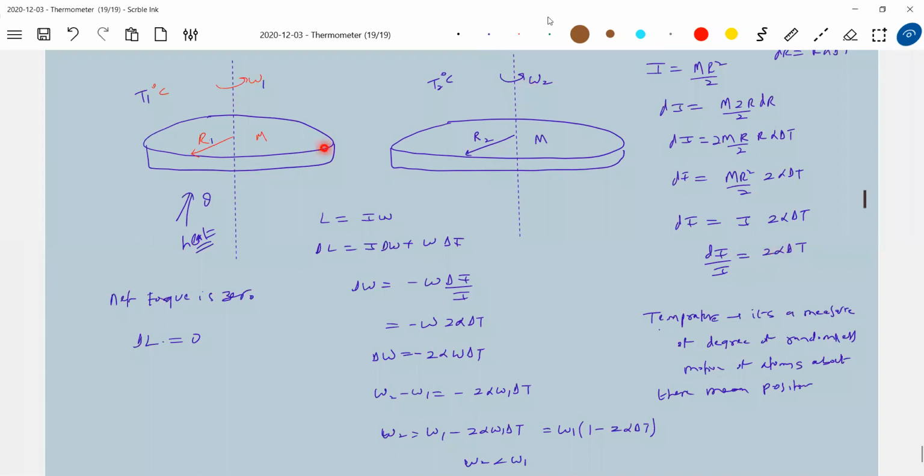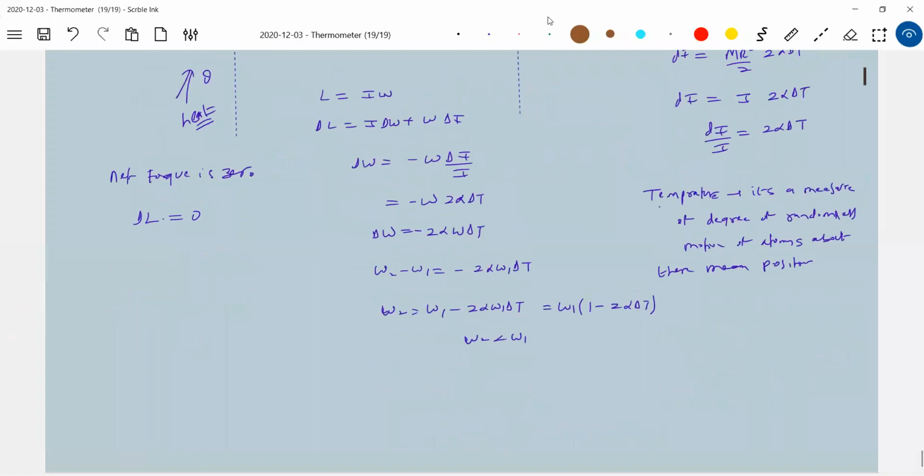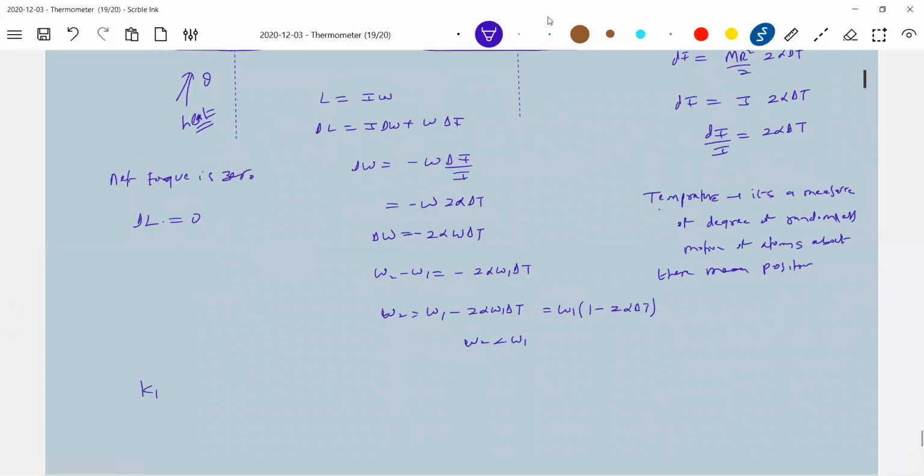Sir, what will happen to the kinetic energy? Let's see. Will anything happen to kinetic energy? So what is the initial kinetic energy? K1 equal to I1 omega1 square by 2. K1 by K2 is I1 omega1 square by I2 omega2 square.